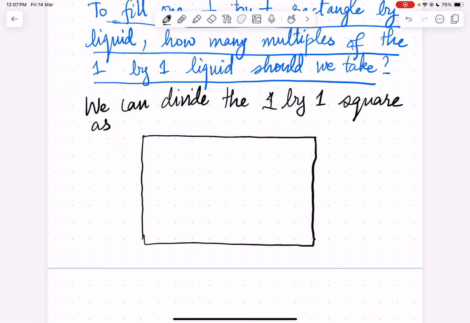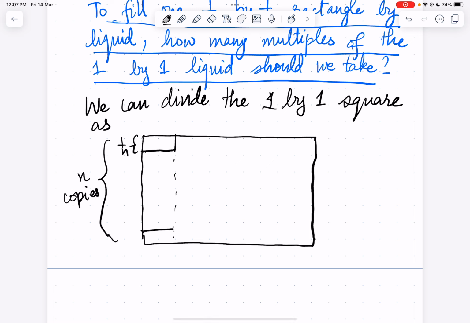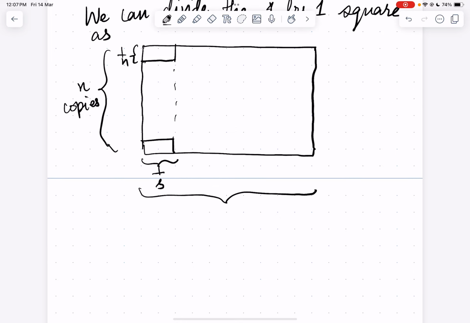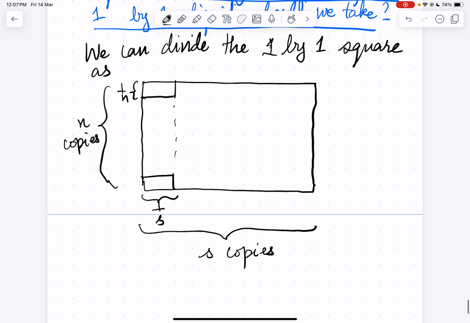You take lengths 1 by n and you take n copies, then the total length will be 1. And for the other side you can take 1 by s and you can take s copies. So we can divide the 1 by 1 square like this into ns copies of 1 by n by 1 by s rectangles.